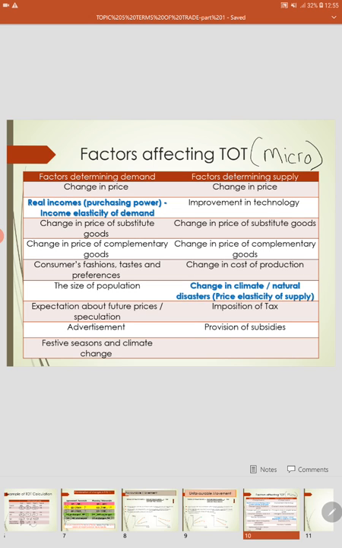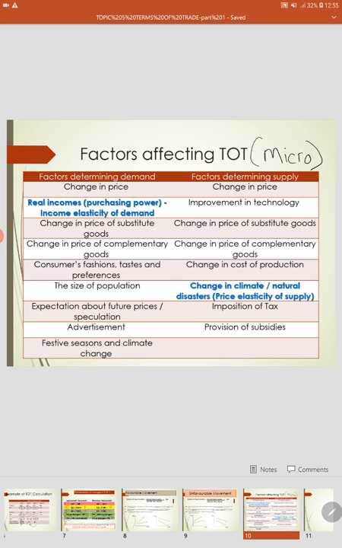You must know that changes in demand and supply will give effect to our price. We introduced this during your introduction section for supply and demand, for market equilibrium.